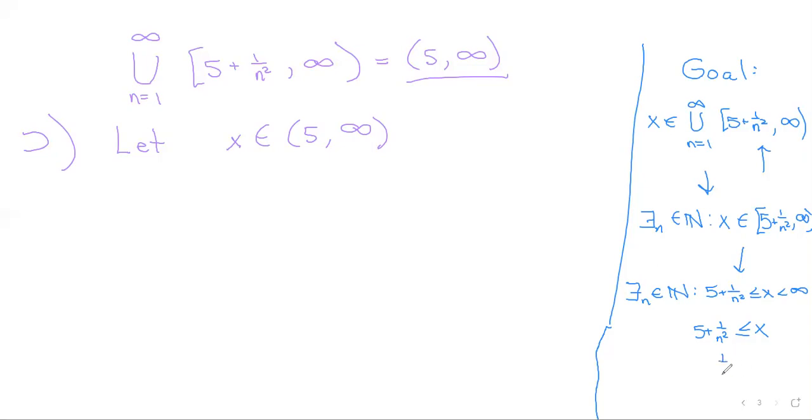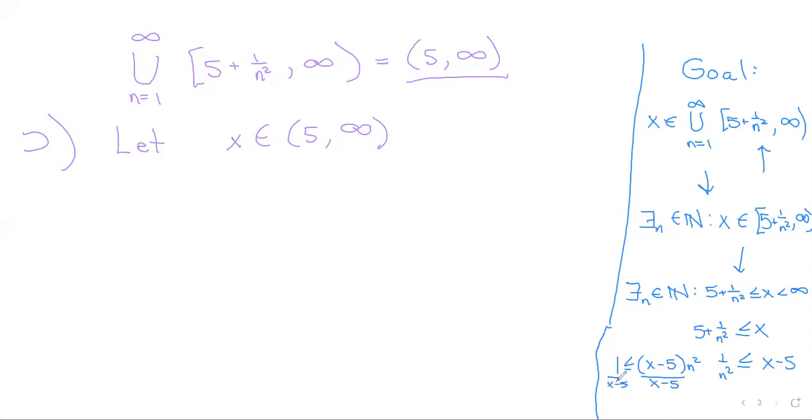So subtract 5 on both sides, and then multiply by n squared. So we'll have 1 less than or equal to x minus 5 times n squared, and then divide by x minus 5 on both sides.